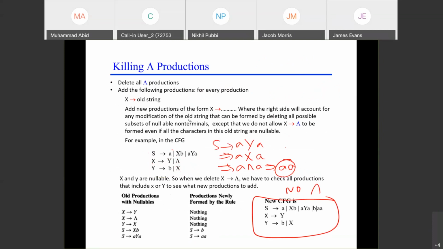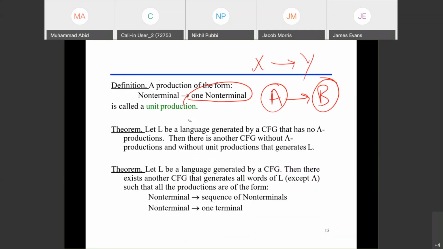So now we are saying that if you let L be a language that can be generated by this context-free grammar, and we assume that we have done the first step, no lambda productions, then there must exist another context-free grammar without lambda productions and without unit productions.